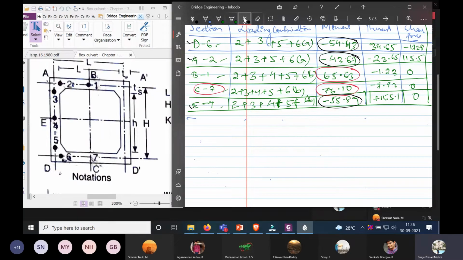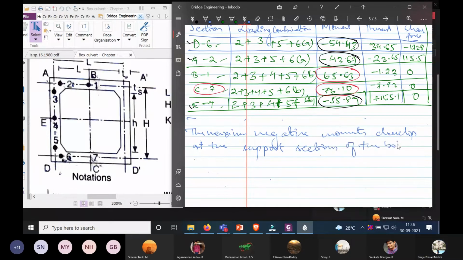So I can write like this, that the maximum negative moments develop at the support sections of the bottom slab for the condition.